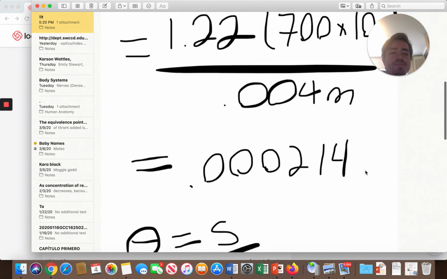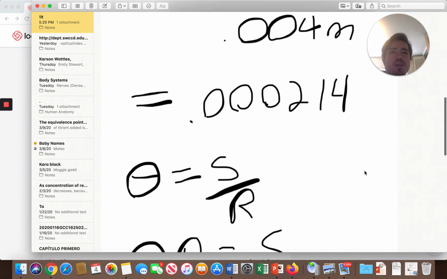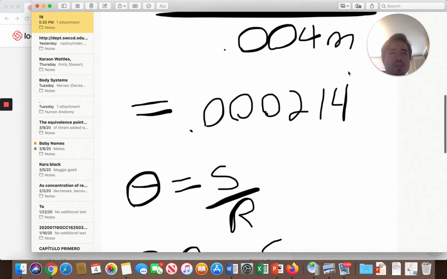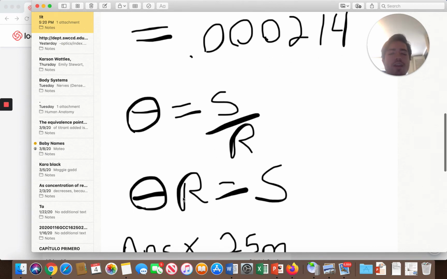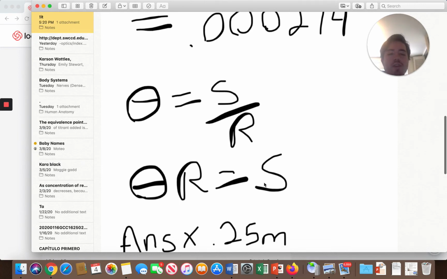We get 0.000214 radians. Now I want to know the distance between the two, and the way to find it is the standard equation theta equals S over R, where S is the distance between the two drawn images, and R is the distance from my pupil to the two images. We rearrange that to get angle times distance equals the distance between the two lines or the two dots.